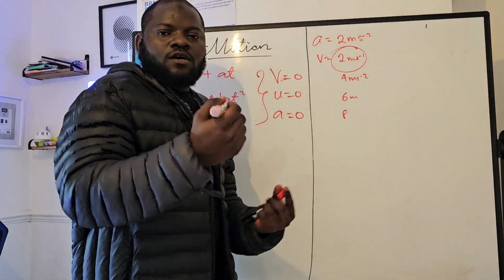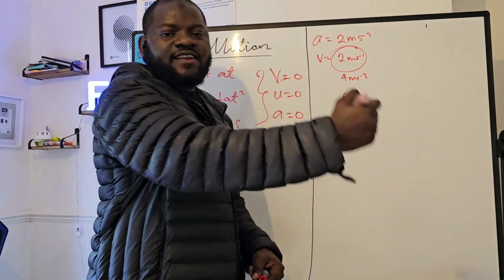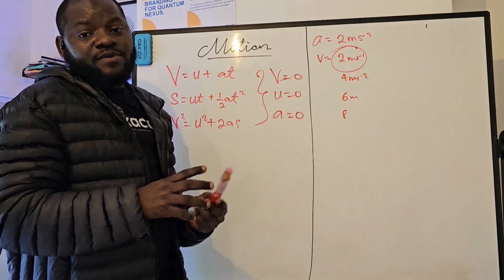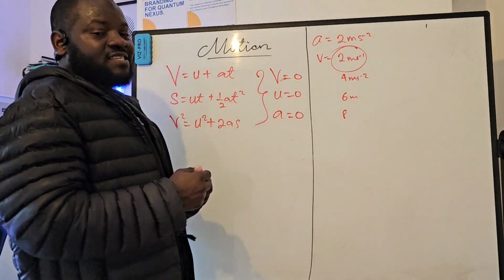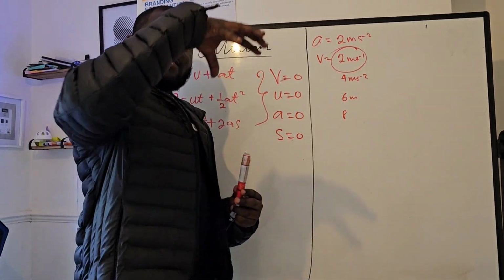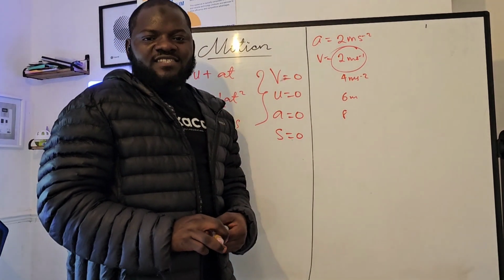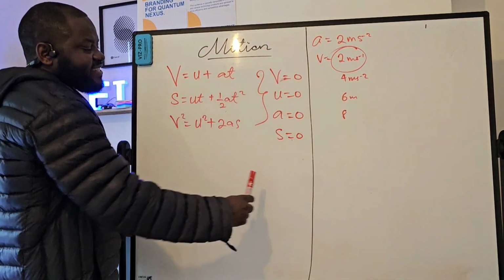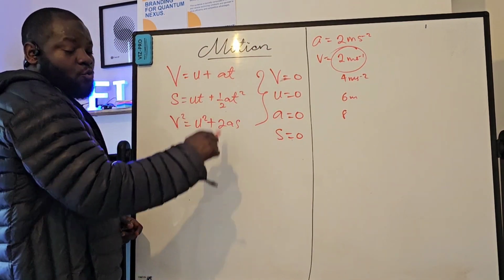Since it's not increasing or decreasing, the measure of increase or decrease is going to be what? Zero. That's when your acceleration can be zero. And when can your distance be zero? Your distance will be zero when the body is in the same position. Do you understand that now? Okay, so that's the case of equating anything to zero in this equation.